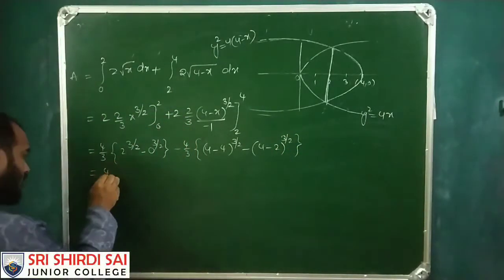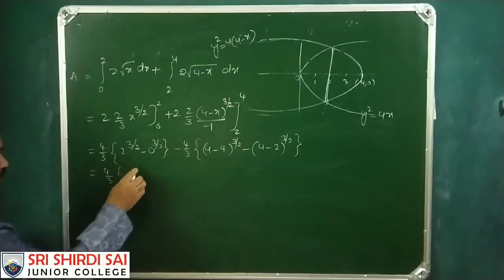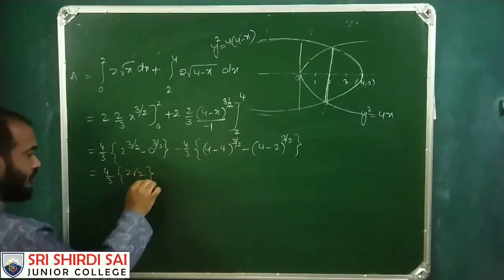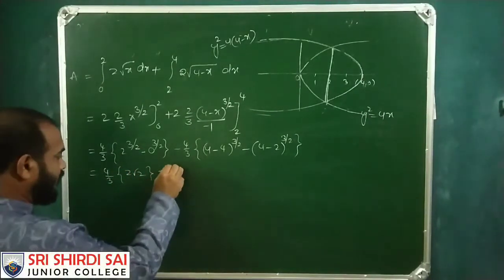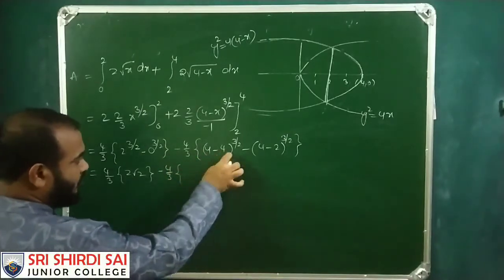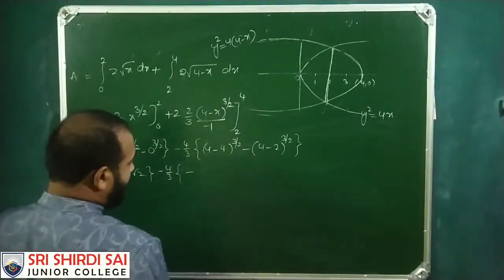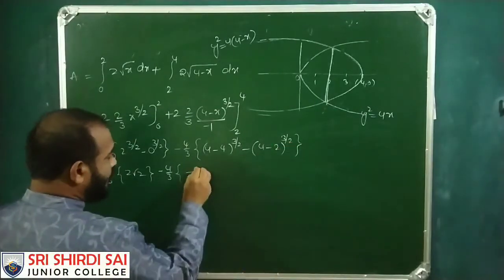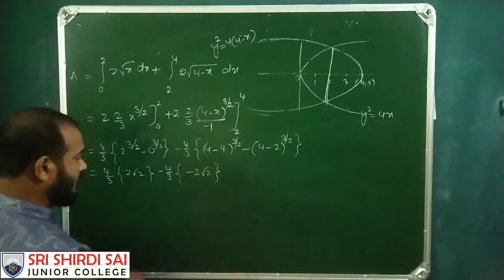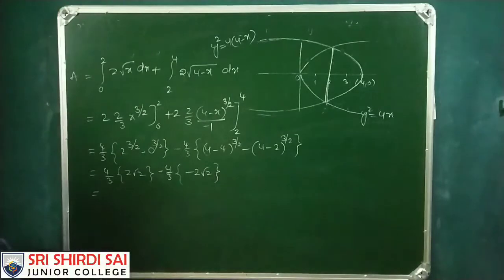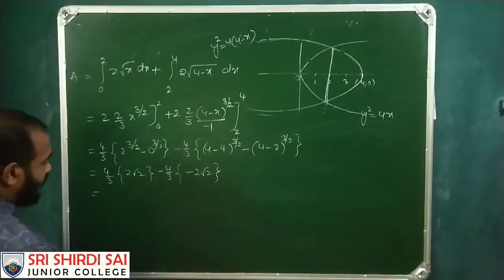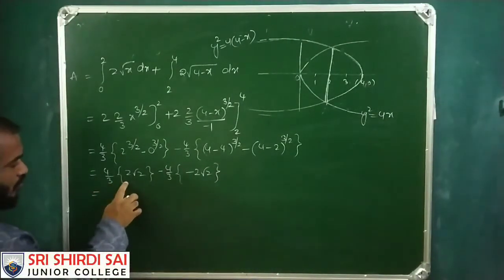This equals 4 by 3 into 2 power 3 by 2, which is 2 root 2, minus 4 by 3 into 0 minus 2 power 3 by 2, so 2 root 2.